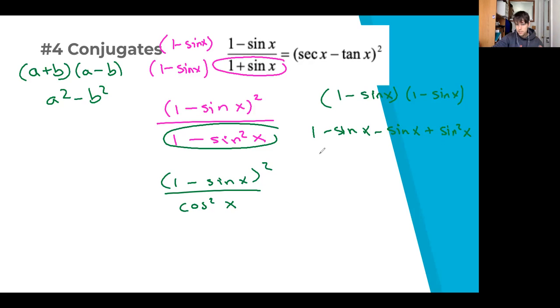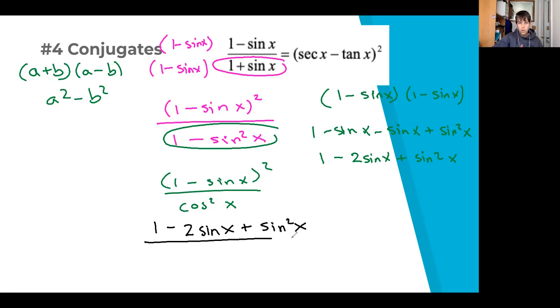All right, so combine some things together here. We end up with 1 minus 2 sine x, 2 negative sine x's, plus sine squared x. So this is what this numerator multiplies into: 1 minus 2 sine x plus sine squared x over cosine squared x.